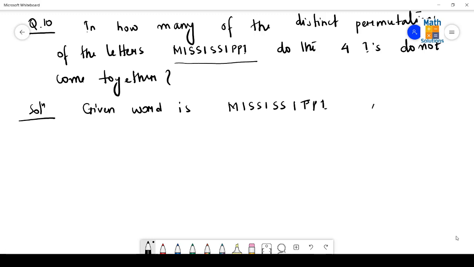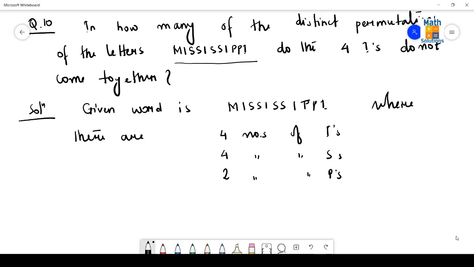In Mississippi, there are 4 I's, then 4 S's, then 2 P's, then 1 capital M.